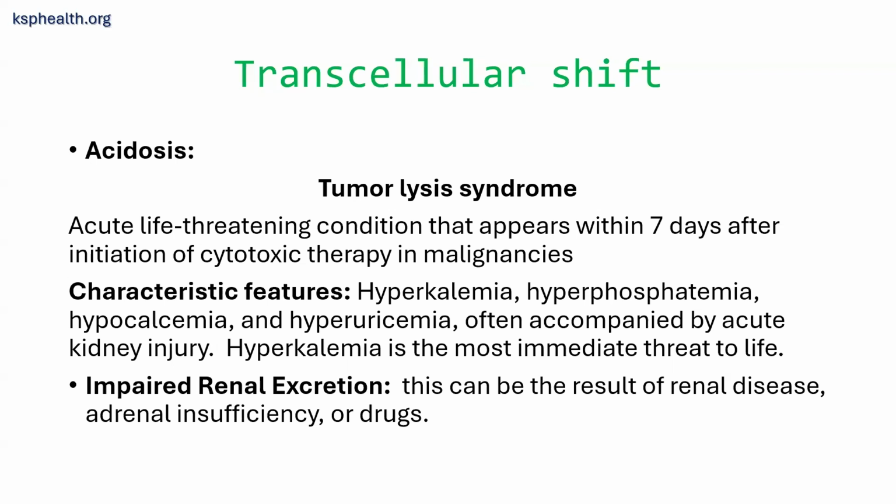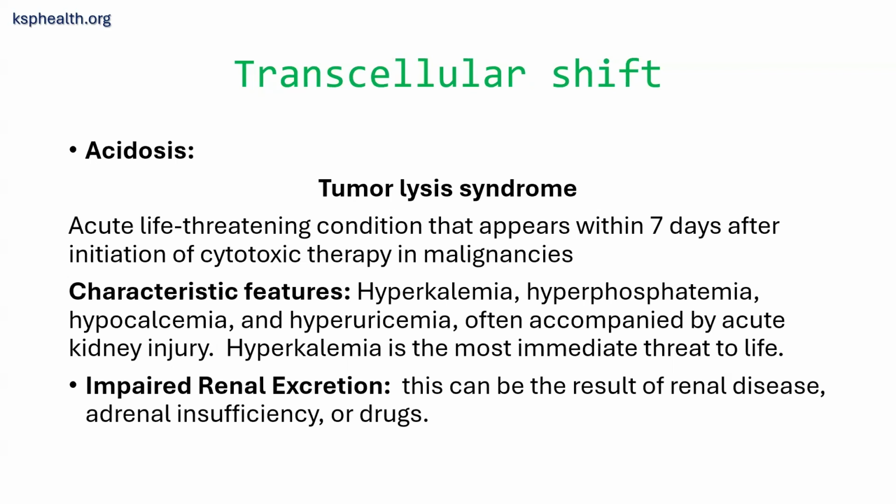Transcellular shift happens in patients with acidosis. You see in DKA patients, invariably the potassium will be high in spite of body potassium depletion. Second, tumor lysis syndrome, especially when you are treating cancer with cytotoxic therapy, when the cell load is high, 75, 100,000, invariably they develop acute tumor lysis syndrome.